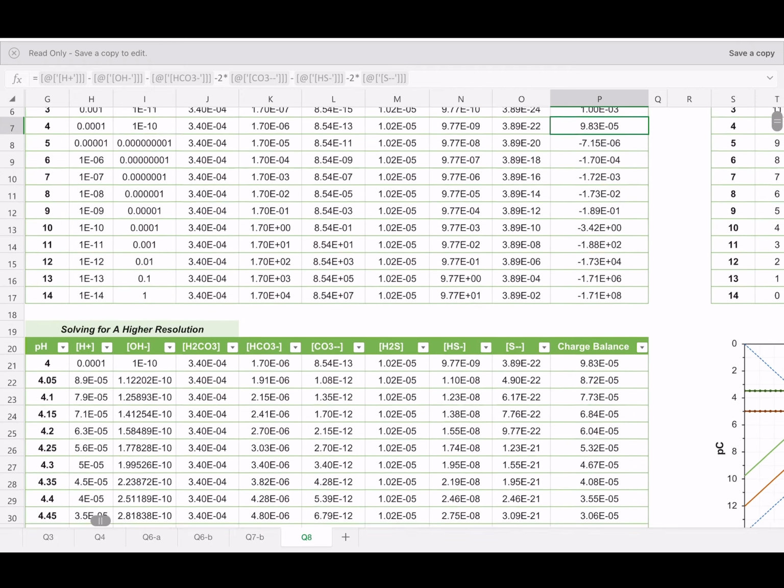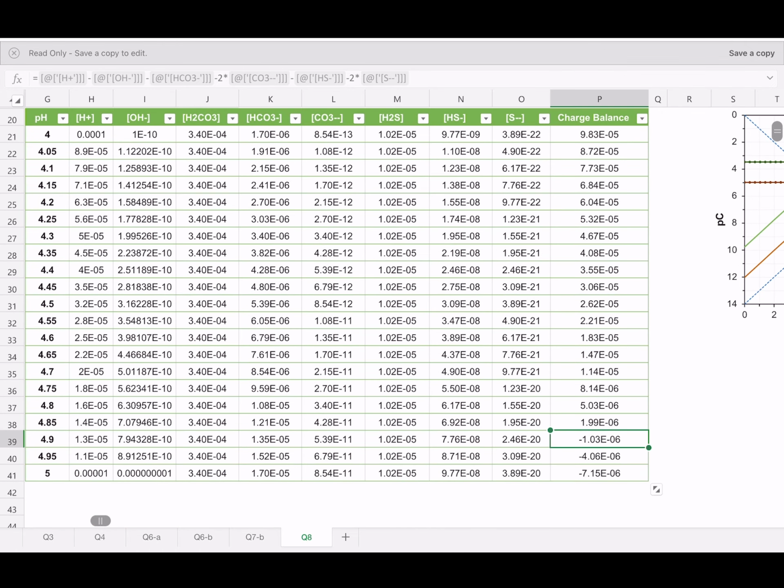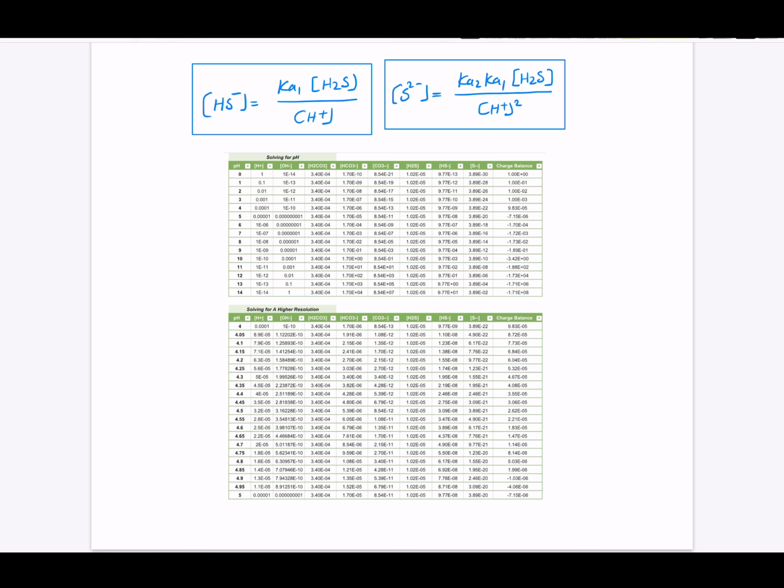And then when we zoom in, we see that the pH is shifting here between the pH of 4.85 to 4.9. So here we brought the graph, as I mentioned, basically the pH is changing between the pH of 4 and 5.